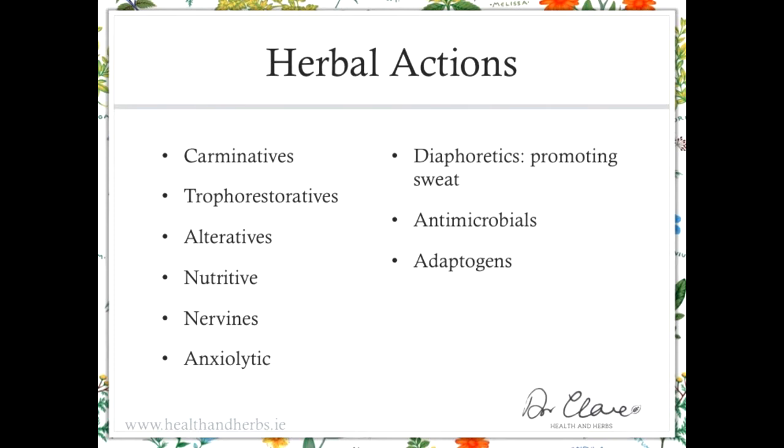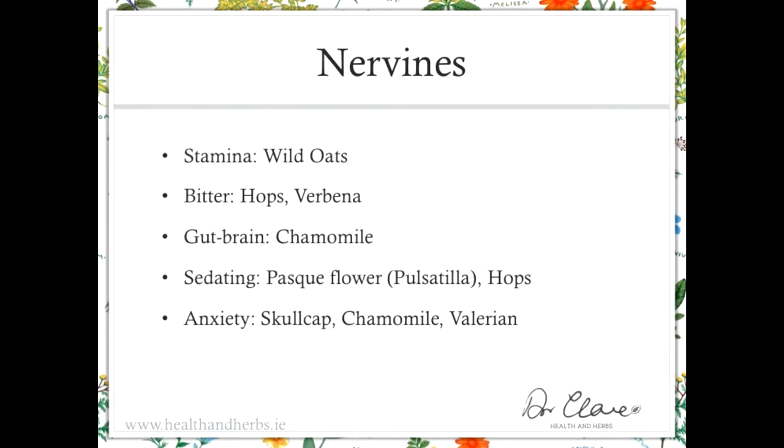So adaptogens are performance herbs which specifically help address depleted adrenal function. A good example of this would be Siberian ginseng, which is used as a performance enhancing herb, particularly in the context of an exhausted adrenal system.